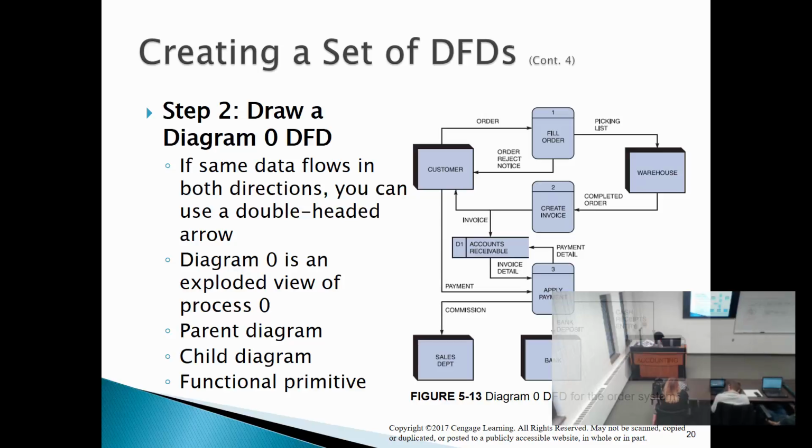And again, how do we know what's related to what? The simple numbering system. So the next level, we're going to take process 1, which is order fulfillment or fill order, and we're going to break it into its component processes and data flows and data stores.